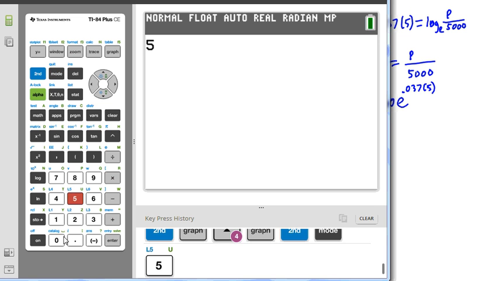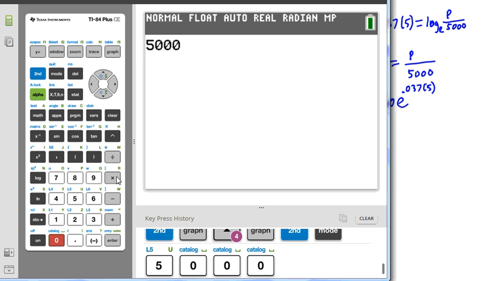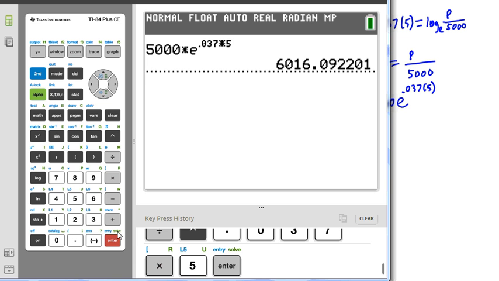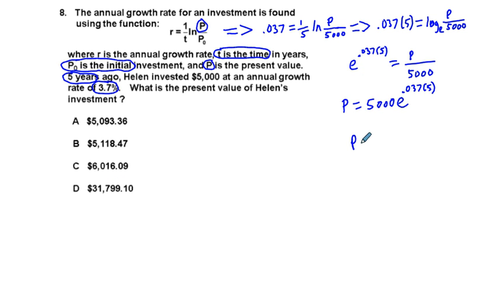So 5,000 times e to the power of 0.037 times 5, and we get $6,016.09. So yes, answer choice C.